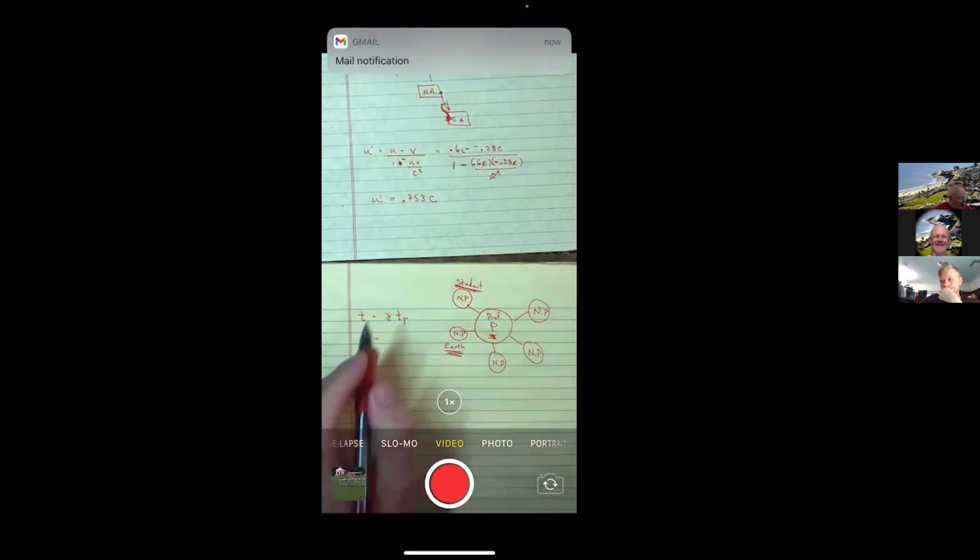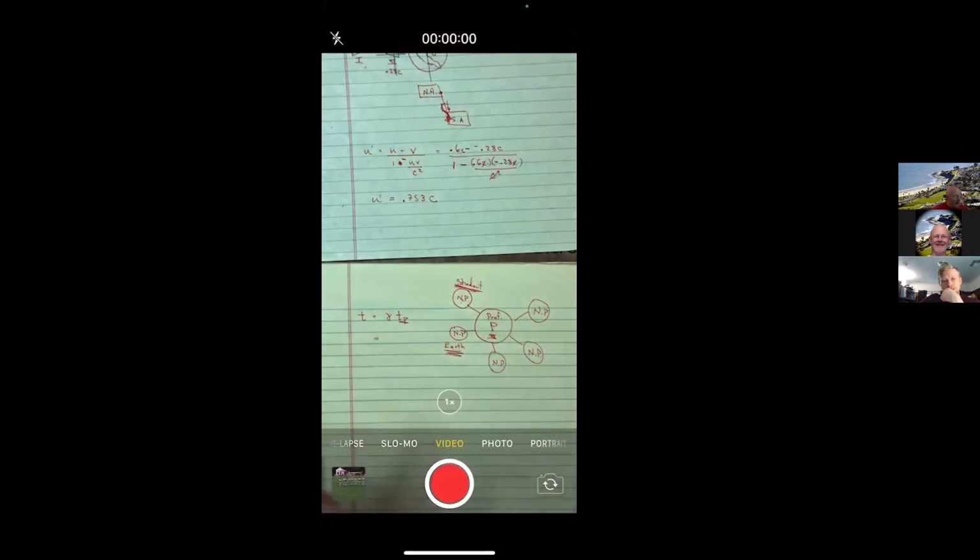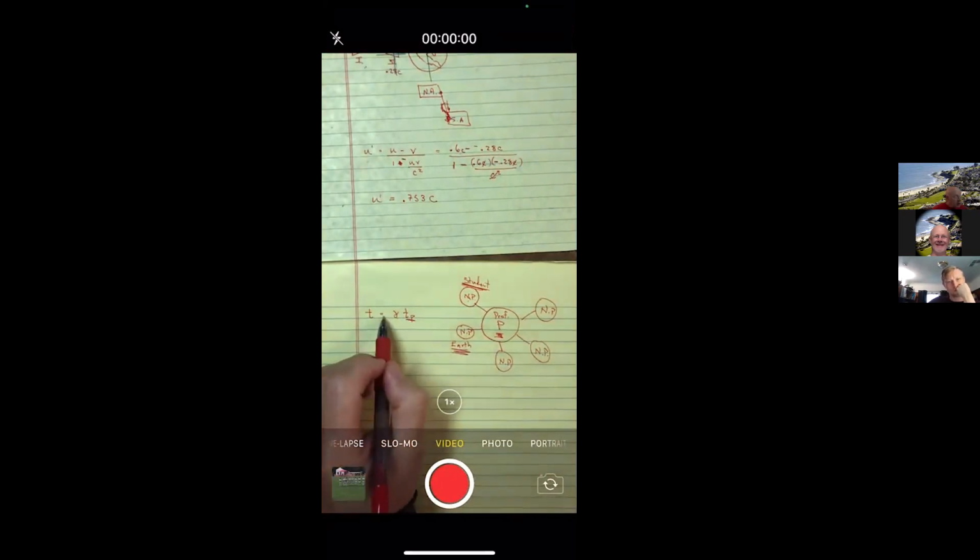So we know this factor right here, and if we want to find a non-proper time, we just need to know the speed. So I'll just go in order. Here's A. They ask, what is the time as seen by the students?